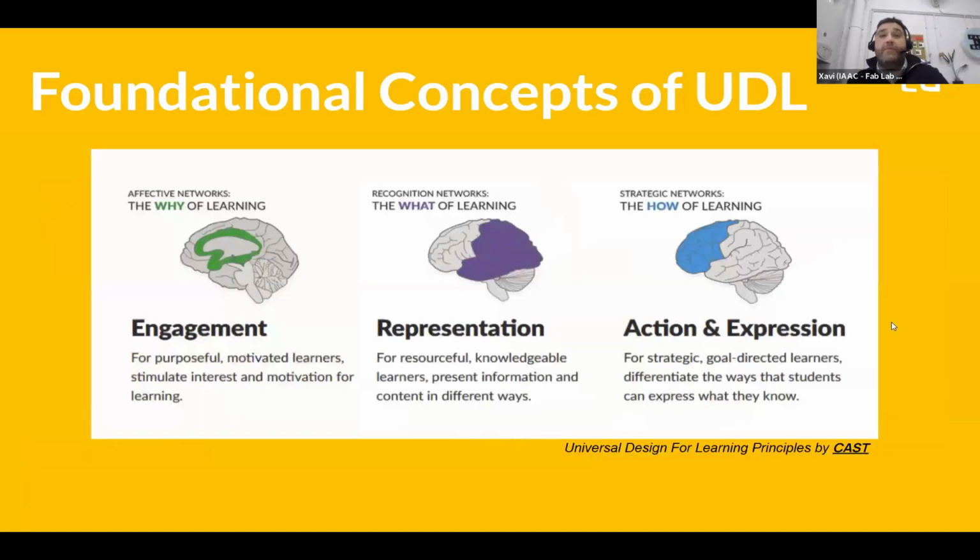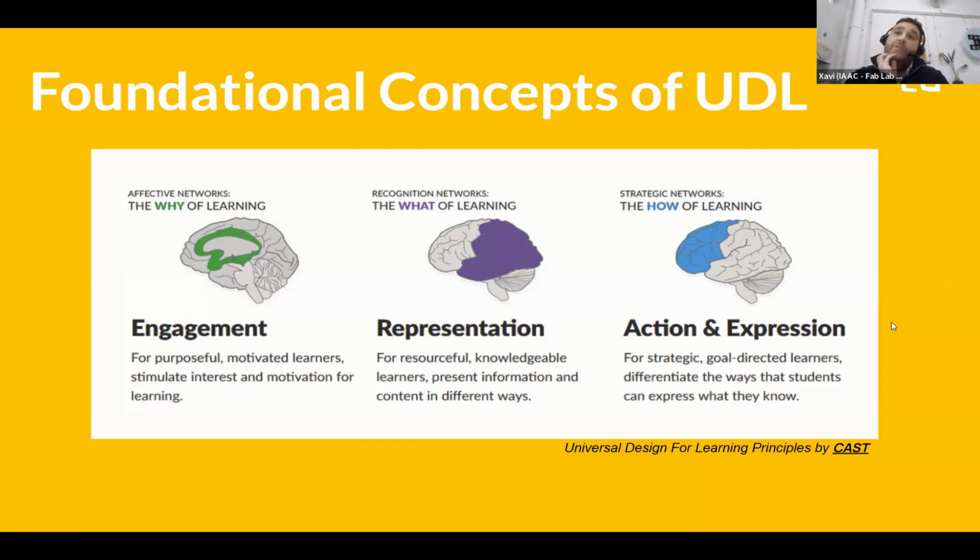These principles come from CAST. In summary, we need to think about how to engage our students, how to give them multiple forms of representation in our materials and tools, and how to support them in expressing themselves, explaining what they learn, and doing research.